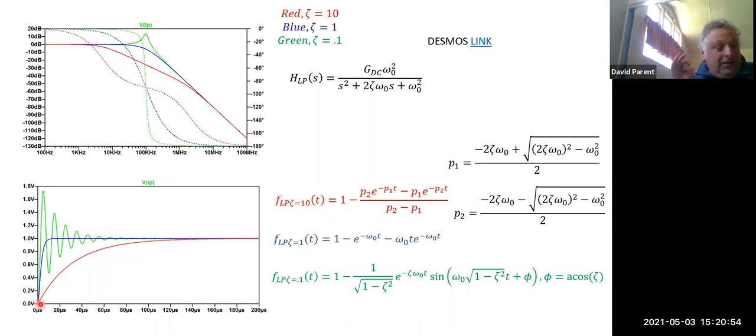And if I multiply the step response of a low pass filter in the frequency domain by S and let the frequency S go to infinity, I get 0. And then when I let S go to 0, I would get 1, which means time is infinite. That would be why. Now these two lines might look different, but if you only see one and I zoomed into here, it might be very hard to tell. And of course, any peaking at all would be underdamped.